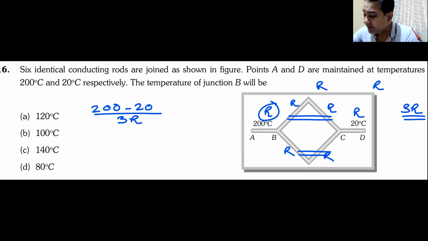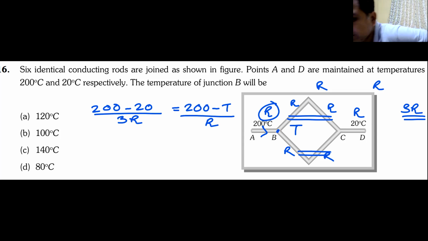Now, whatever thermal current is flowing, the same thermal current will flow through this section. If I call the temperature of this junction as T, this should be equal to 200 minus T divided by R. Do we understand this? Can I have some raised hands?